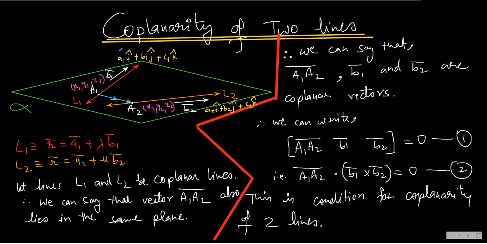Fine. So if you have it this way, then what will the condition be? See here, students, this equation number 1, the box product, will be [A2 bar minus A1 bar, B1 bar, B2 bar] equal to 0.